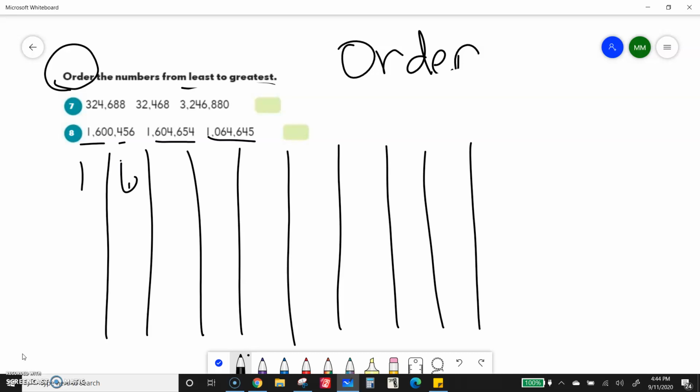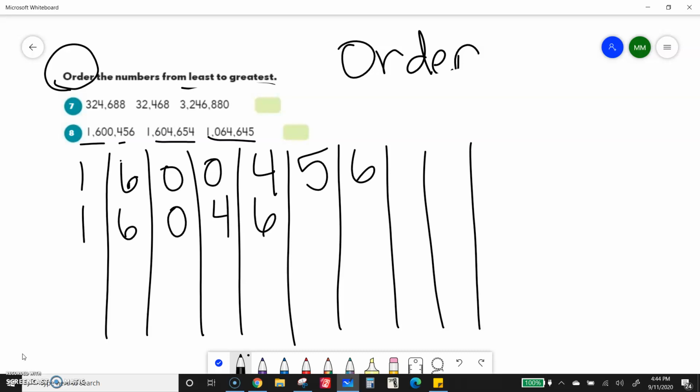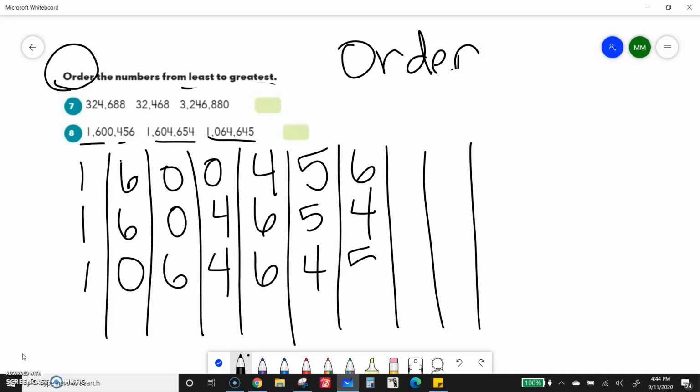So 1,600,456. Oops, I made a few extra lines. Oh well. 1,604,654. And now I knew these were all the same length, so I knew I could start them at the same line. But if ever I were to get anything over here where it wasn't lining up, that wouldn't be okay, because we want the ones to always line up, and the tens and the hundreds in each place like that.